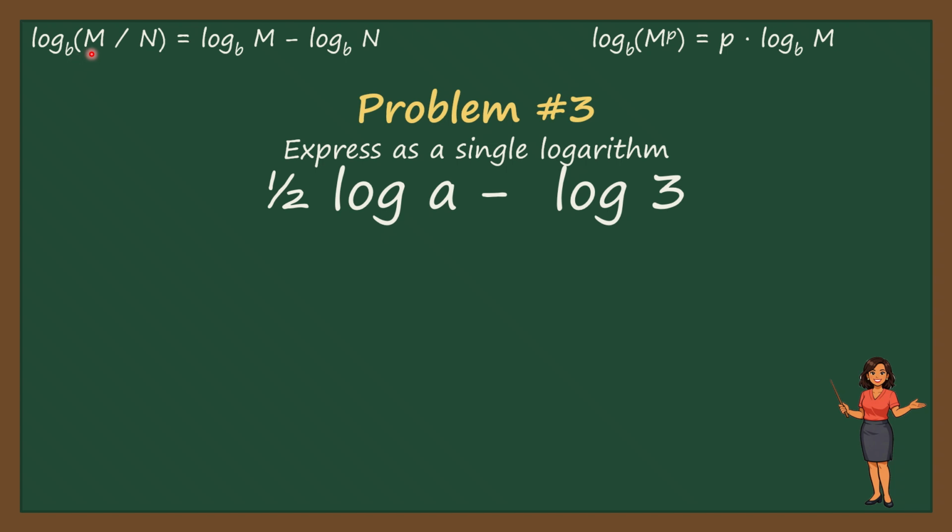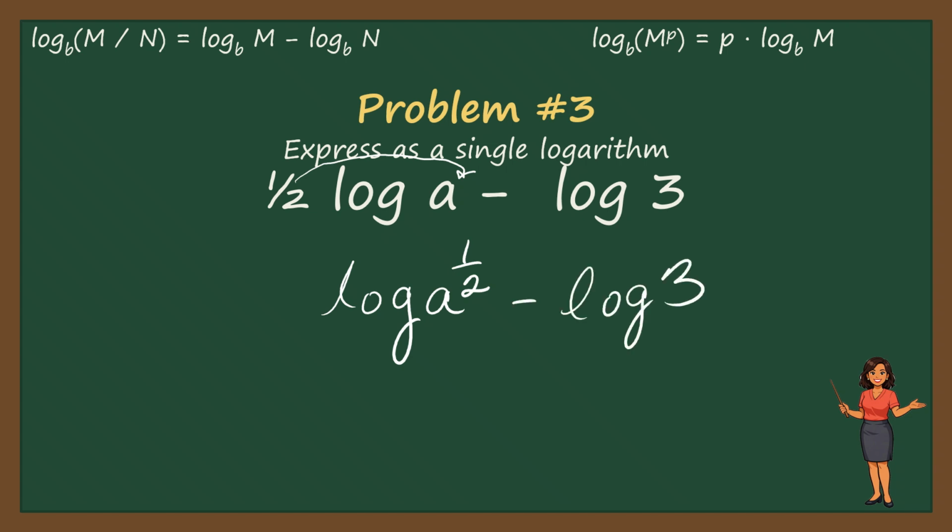So log base b of m divided by n is log base b of m minus log base b of n. So for me to express this as a single logarithm, what I have to do is make that coefficient an exponent. So I'm going to say log a to the 1/2 minus log 3.